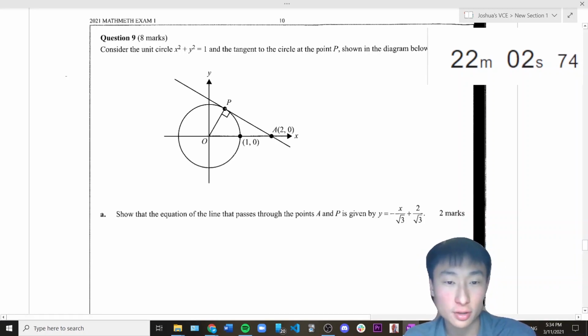A couple of ways, I think. Do you have the gradient? How do you get the gradient?